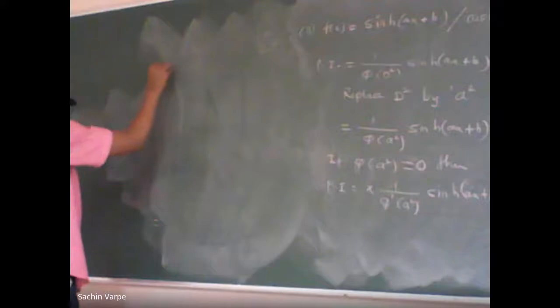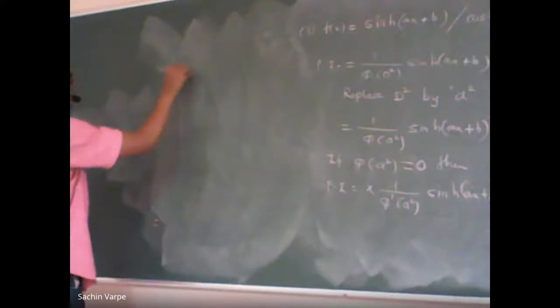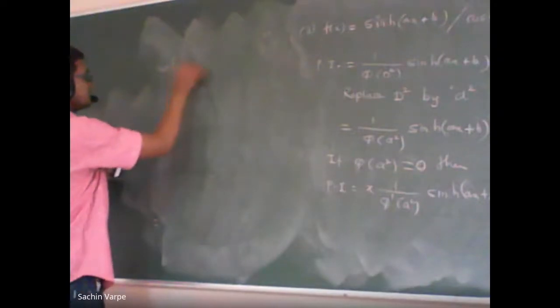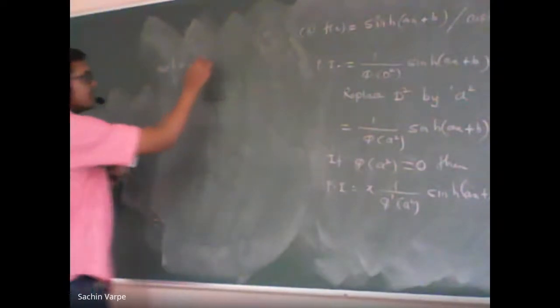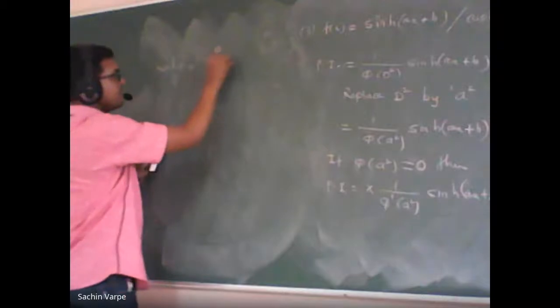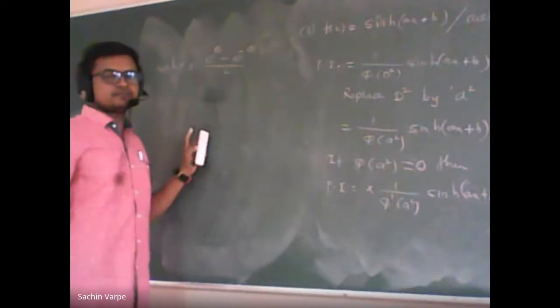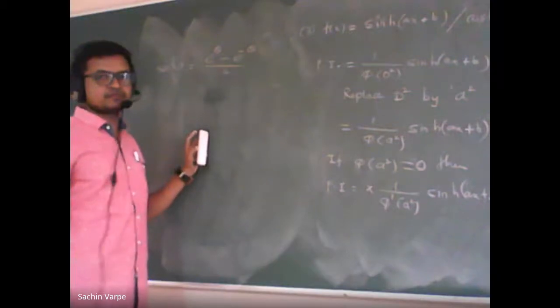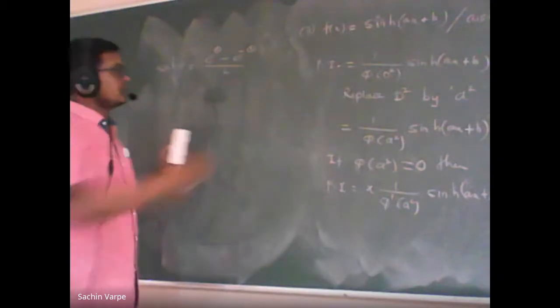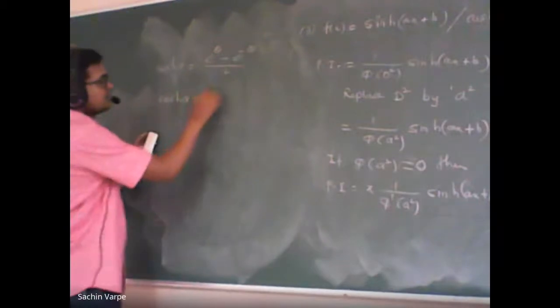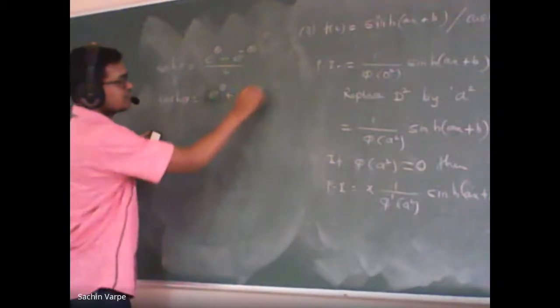I'm writing the hyperbolic formulas first, in terms of theta. Hyperbolic sine theta is equal to e raised to theta minus e raised to minus theta upon 2. Do you know this formula? And hyperbolic cos of theta is e raised to theta plus e raised to minus theta upon 2.